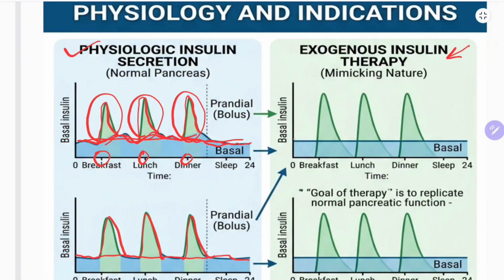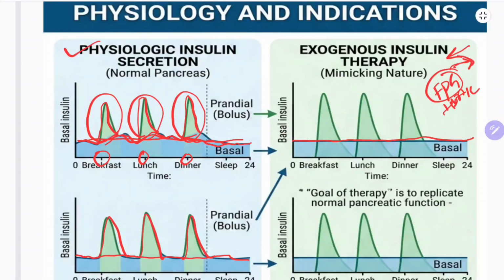We will give a basal insulin which will have a long half-life without any spike, and if the fasting plasma glucose and HbA1c targets are met, then we will not plan any prandial insulin. But if fasting plasma glucose is not met, then we will increase the dose of basal insulin.